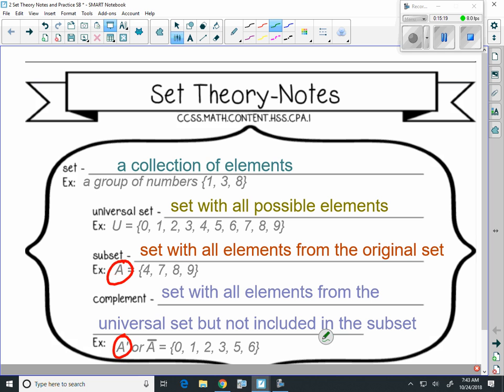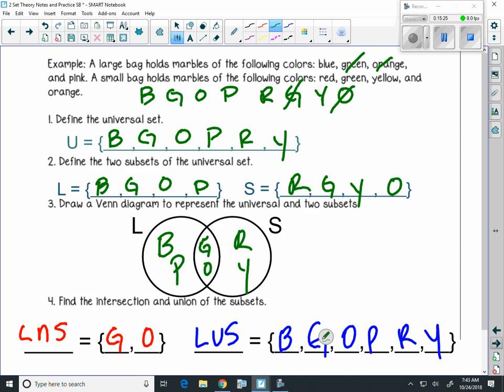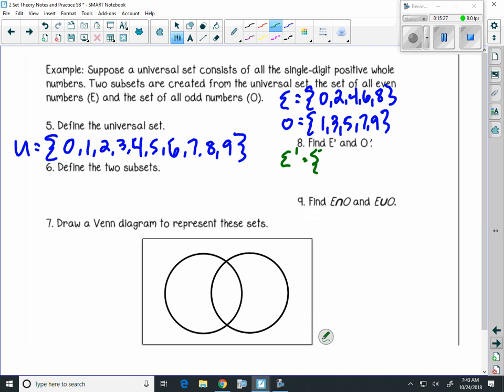So if you have a subset, it's everything that's in the universal set that's not in the subset. So it's what we're missing. Here, if we look at E, what are we missing? All the odds. So we're going to write 1, 3, 5, 7, 9. In this case, it's kind of switching even and odd. So then our odd complement will be all of our even numbers.